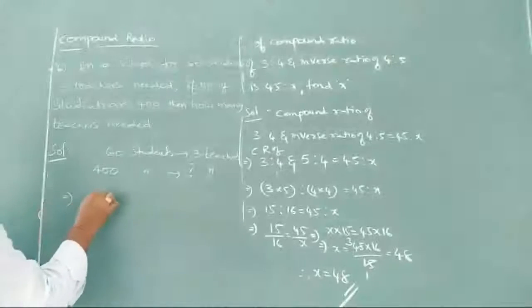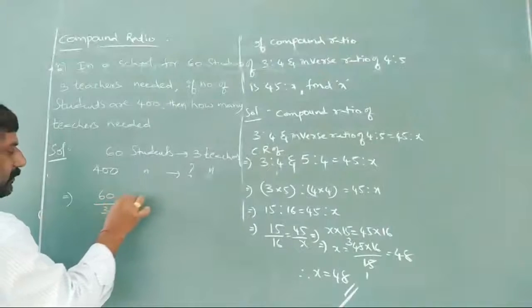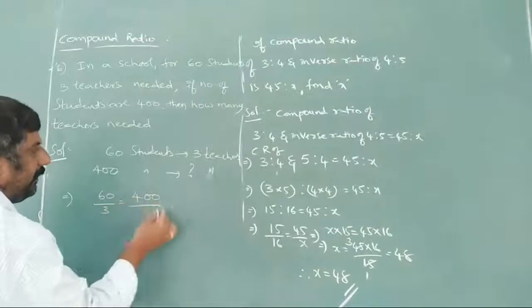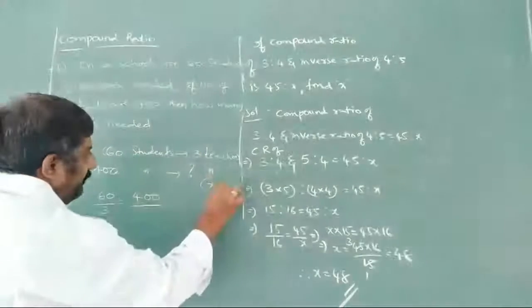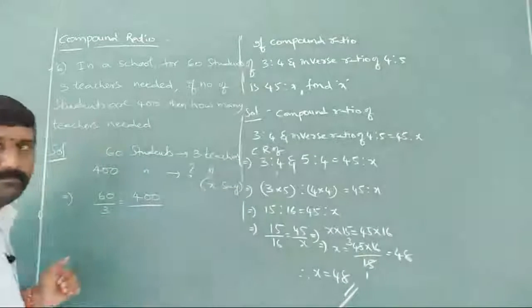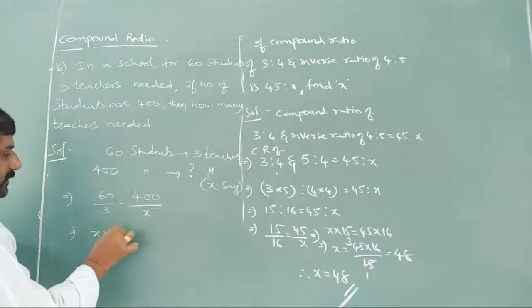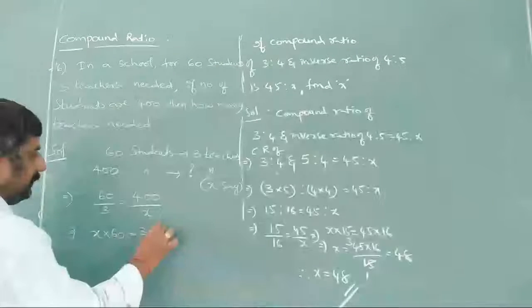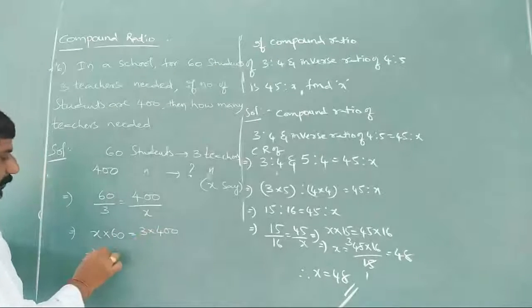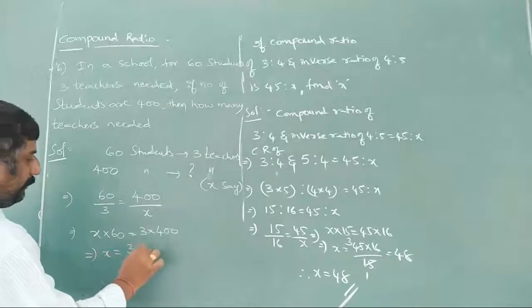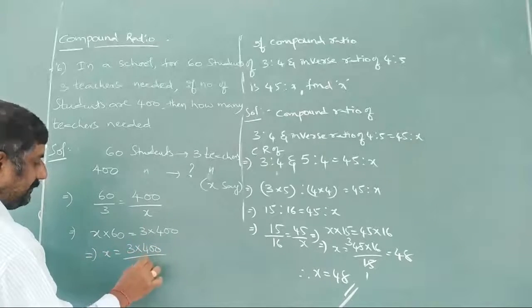So we can write this as 60 by 3 is equals to 400 by, we don't know this, that's why we assume it as some x. So 400 by x, by cross multiplication, x into 60 is equals to 3 into 400. So x can be given as 3 into 400 by 60.